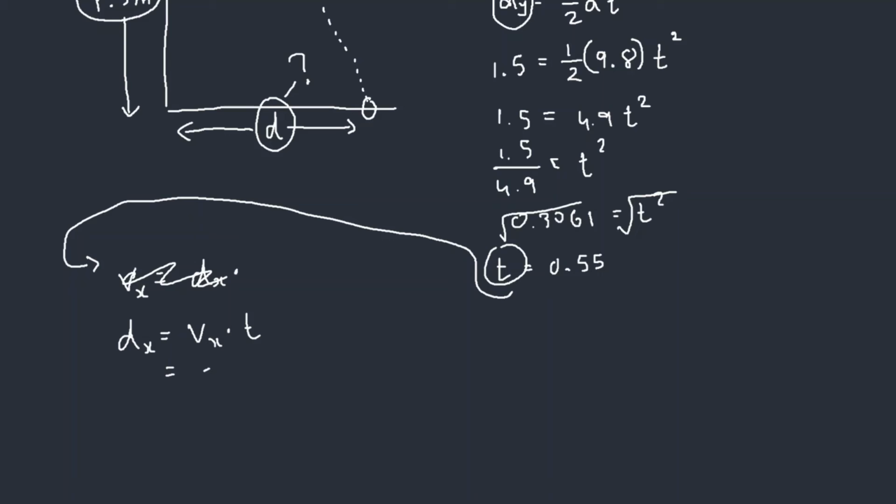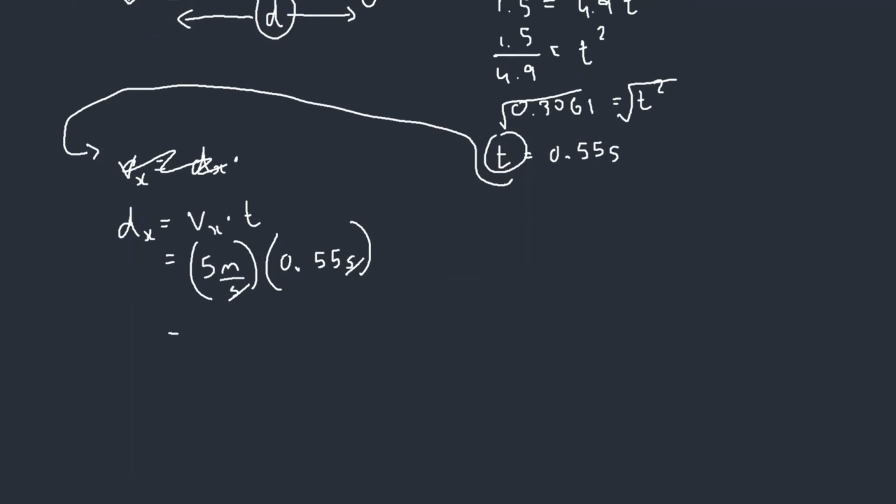We know Vx from the question, it was 5. And we know time, it was 0.55. And so dx equals 2.75 meters. And that's it. That's the answer to part A.